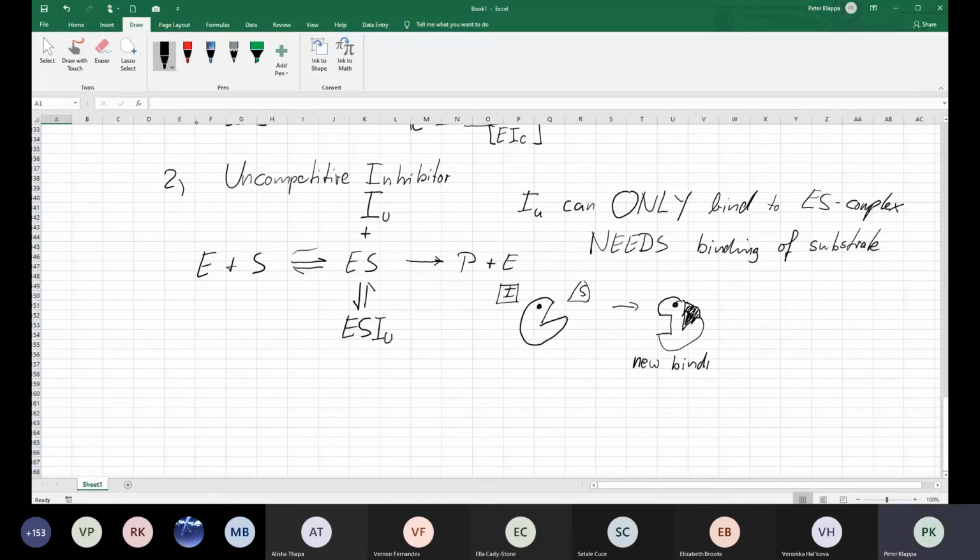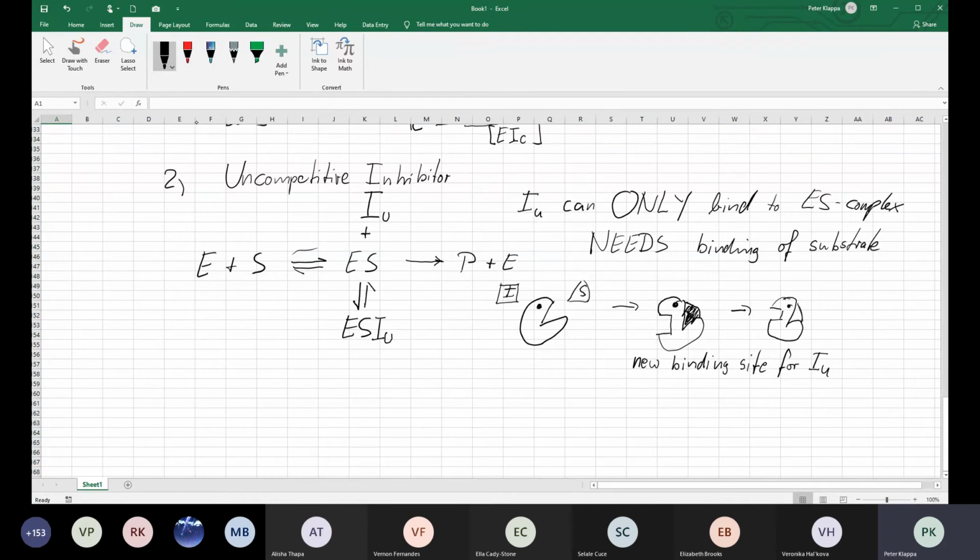A new binding site opens in the enzyme, and this is a new binding site for the inhibitor. Maybe I should try to get this drawn like that again.